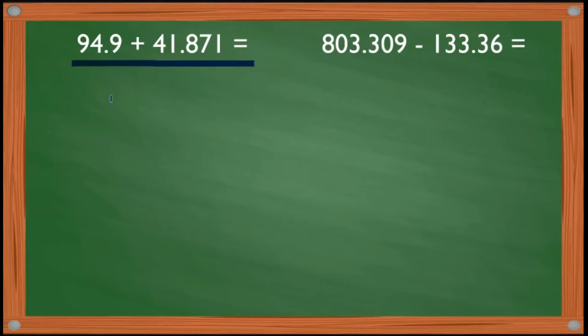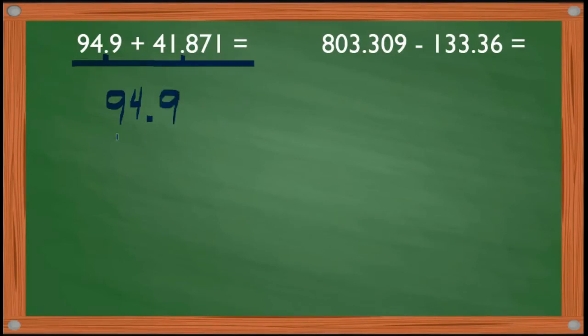For this problem, let's start with this one. Let's try to answer. What is the first step? Find the decimal. And then second step is we need to align. So 94.9.